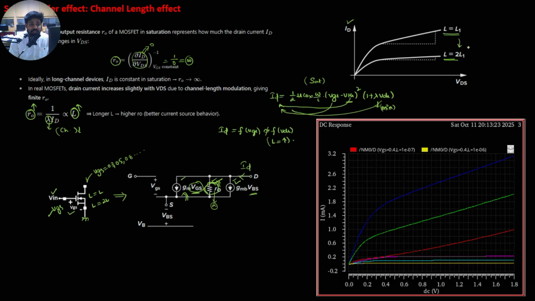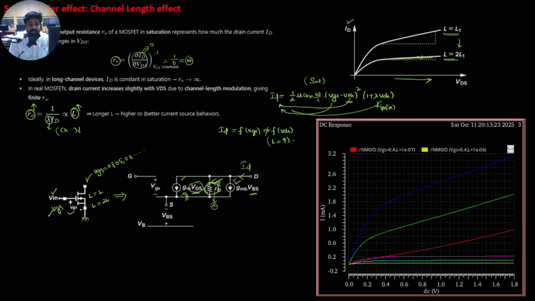From the first case to the second case, length is increased, which means the lambda value will be reduced, so R naught will be raised. Because the lambda value is very small, VDS changes will not have much impact on the ID. So as VDS changes, ID is not changed much.